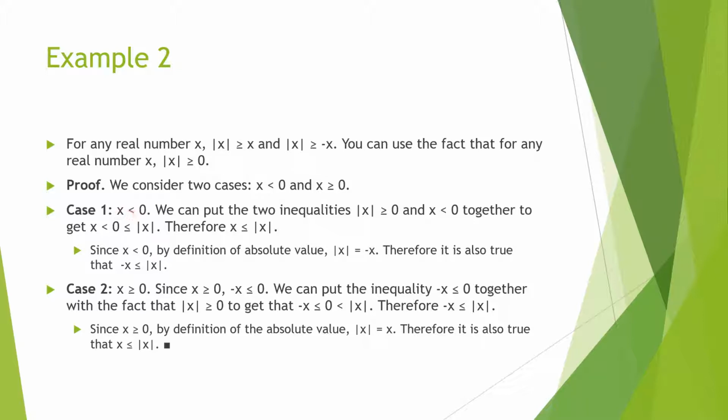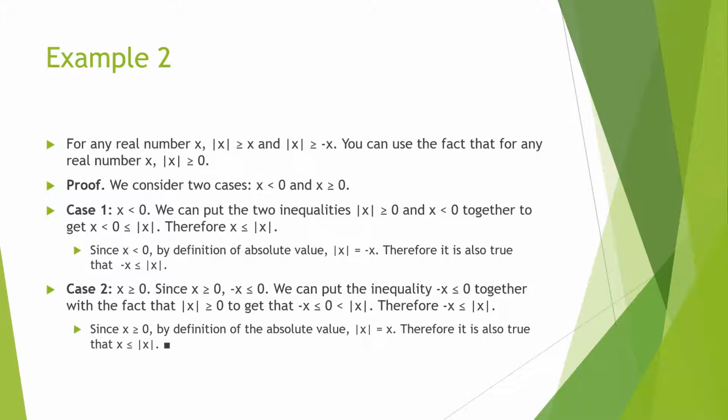When x is negative, we can put the two inequalities together in order: absolute value of x is greater than or equal to 0, the fact that we agreed on, and x is negative, and get this chain of inequalities.